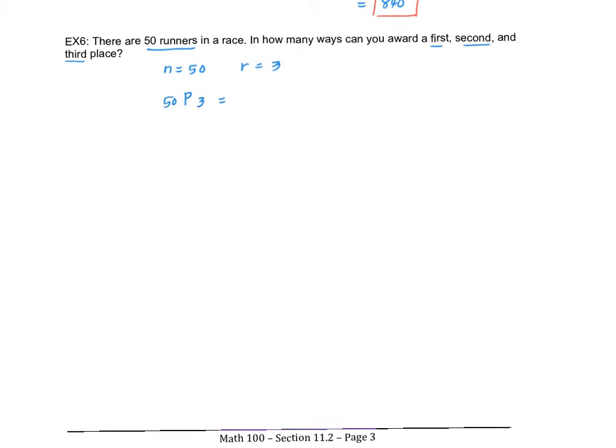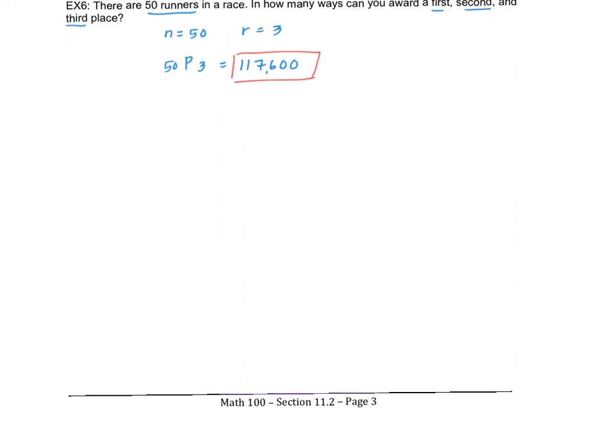Okay, so again, if you have a calculator, use it. You'll get 117600. Otherwise, you could figure this out by hand. It's 50 factorial over 50, your n, minus your r, which was 3, in parentheses factorial.